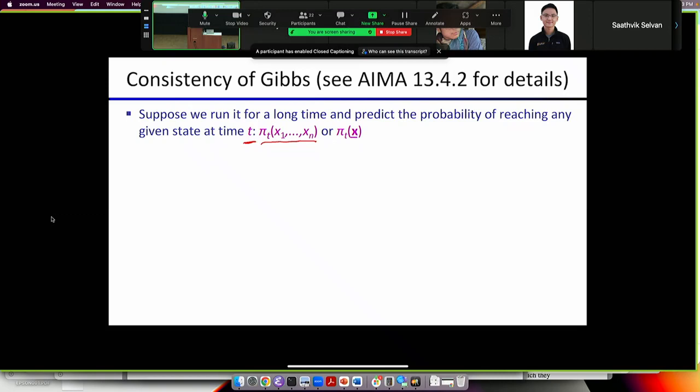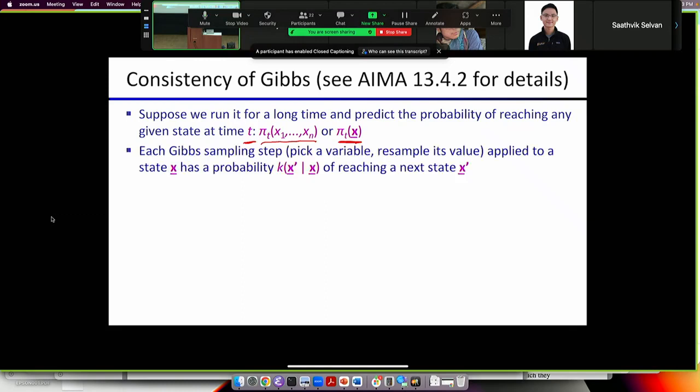Just to keep things short, I'll use boldface x to refer to the entire state, the assignment to all the variables. And then each Gibbs sampling step, pick a variable, resample the value, we take a state, we produce a new state by that process.